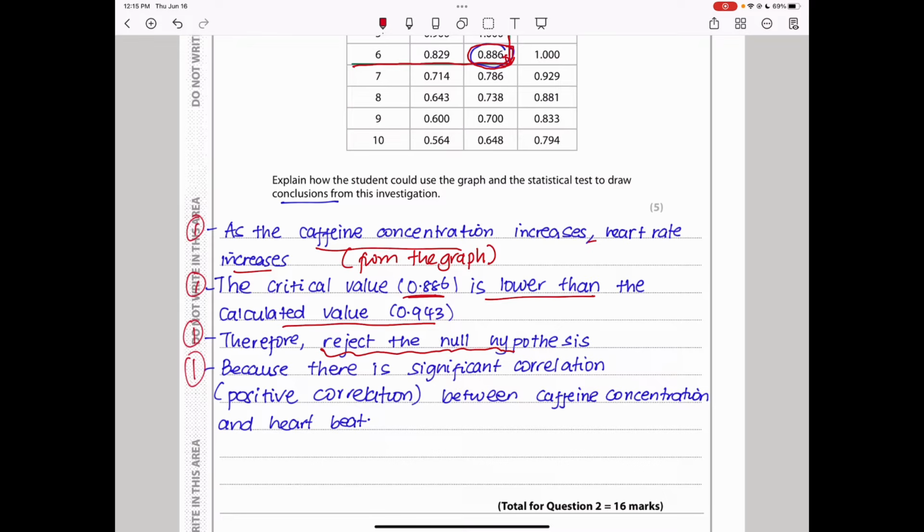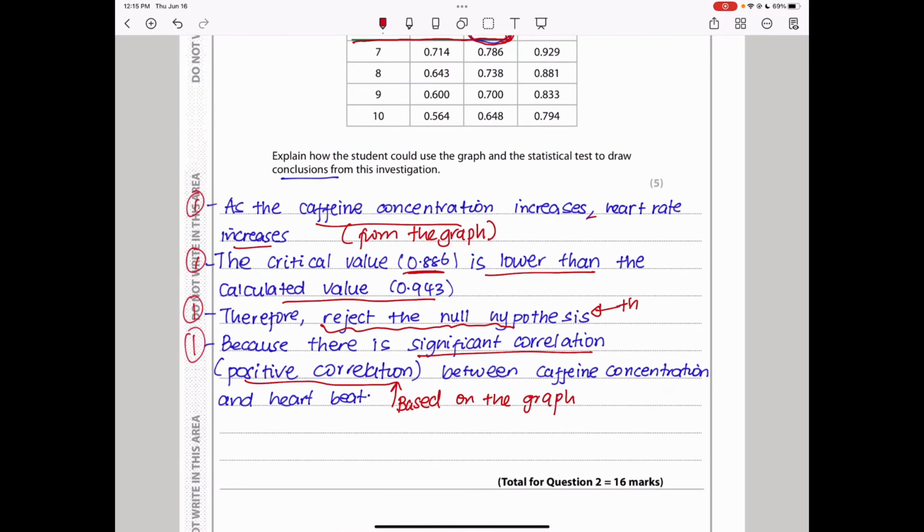So if we reject it, it means there is a significant correlation between caffeine concentration and heart rate. And this correlation is positive based on the graph and the data. So therefore, a positive correlation exists between the caffeine concentration and the heart rate. This is the conclusion we can make.